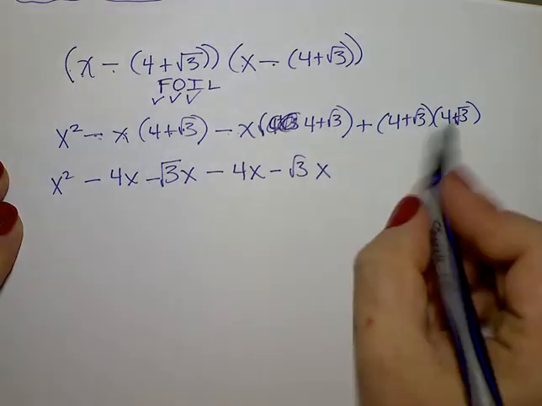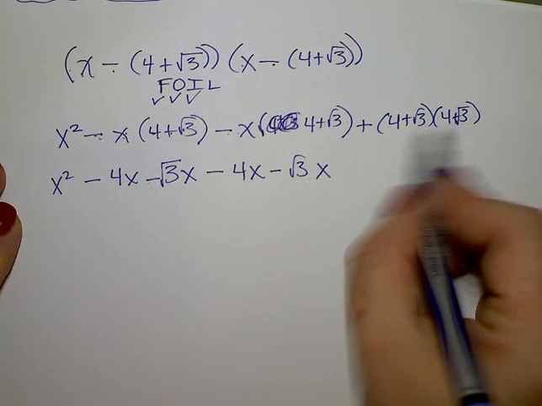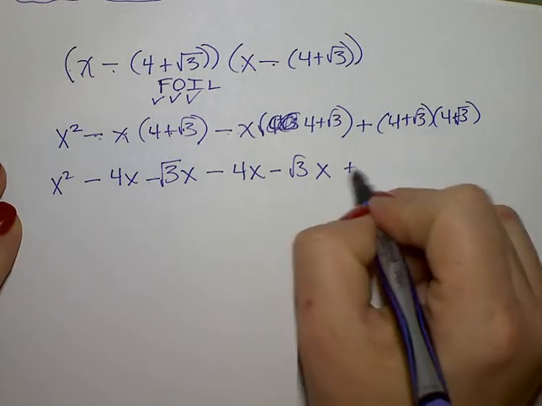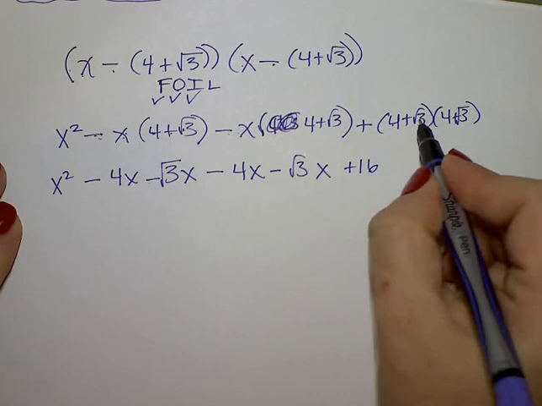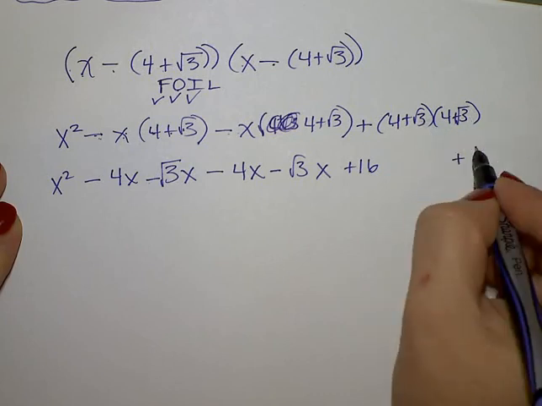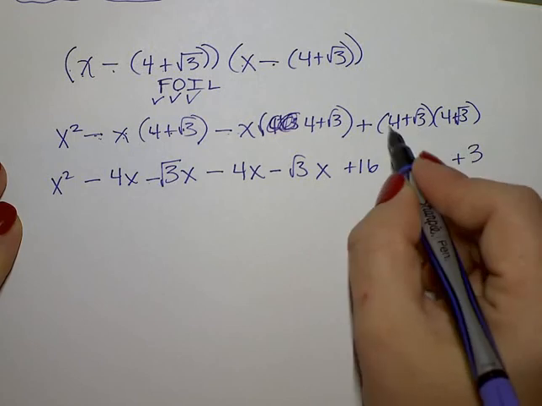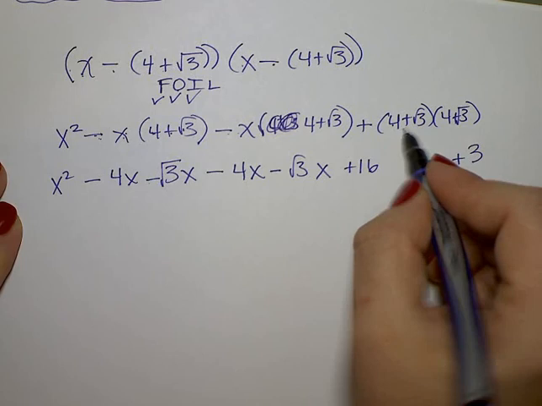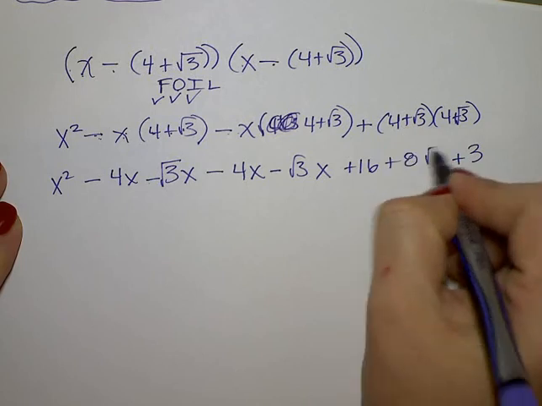Now over here, since I see the exact same thing, I'm going to use the shortcut method. 4 times 4 is 16. Radical 3 times radical 3. Well, 3 times 3 is 9, and the square root of 9 is 3. Then I multiply the inside, so positive 4 radical 3, and I double the 4. Turn it into an 8.